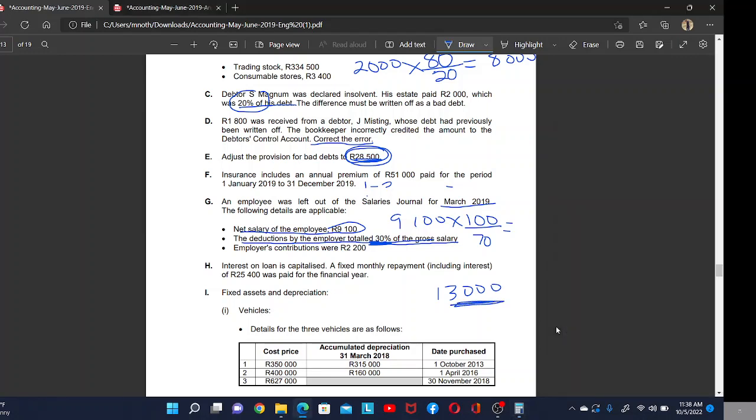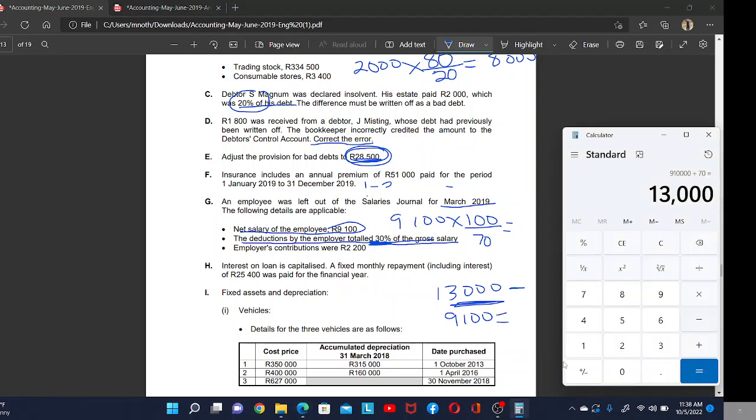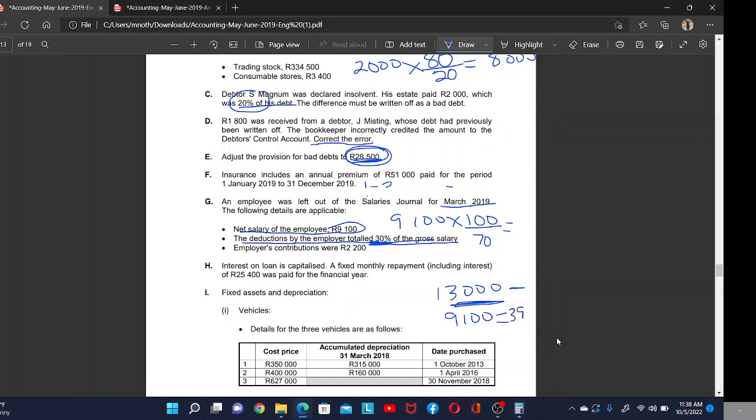This is the gross salary. So now to get the deductions, we say 13,000 minus 9,100 is equal to 3,900.